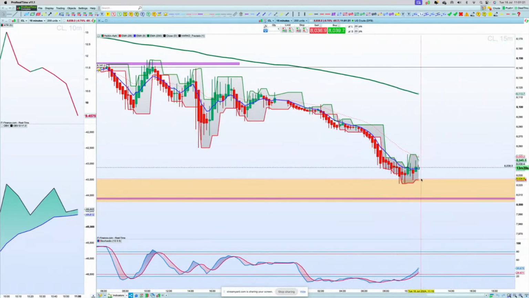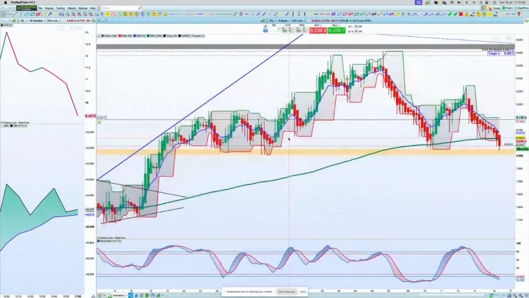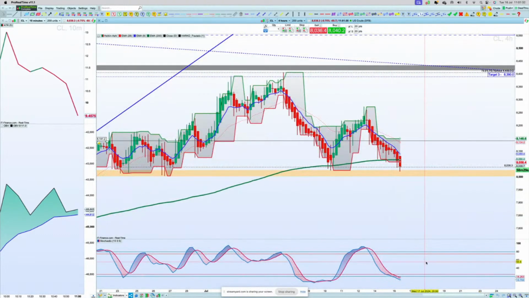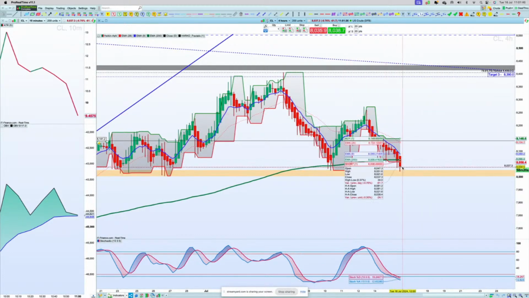Now, what we've got here on crude on TradingView, look at this, the market's stopped. If you're an options trader, a call option to the end of the week for 82.50 would be a beautiful call option, and it would be very cheap at the moment if you can get that call.